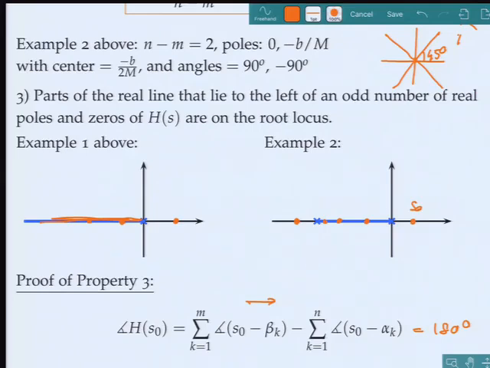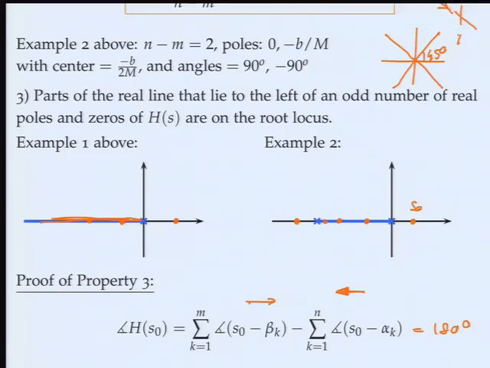But if you have a pole or zero on your right, then you're talking about a vector in this direction. So for each pole or zero on your right, you add 180 degrees to your phase. If you have an odd number of those, then it's an odd number times 180, which is 180, which means you are on the root locus. If you have an even number, then it's an even number times 180, so it's 0, and you are not on the root locus. So it comes from that basic principle we discussed.